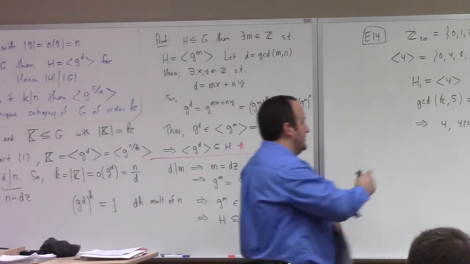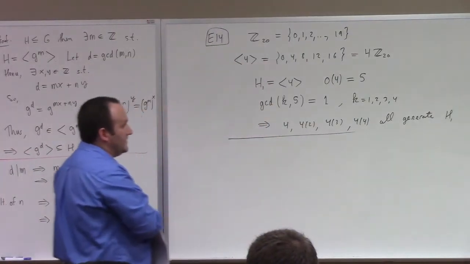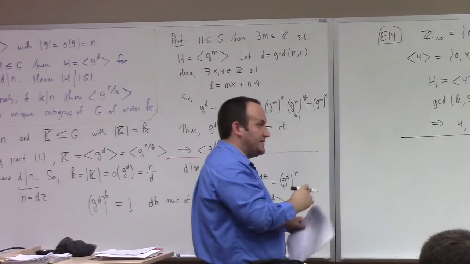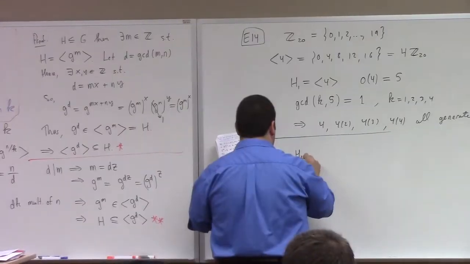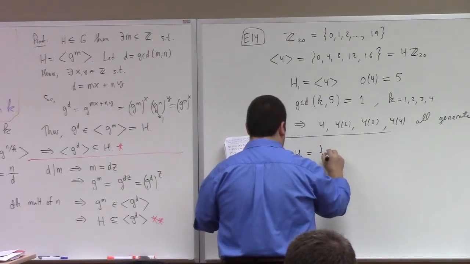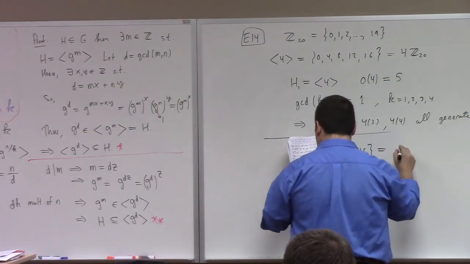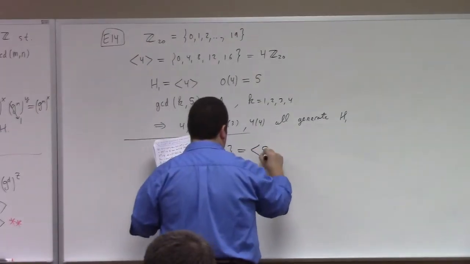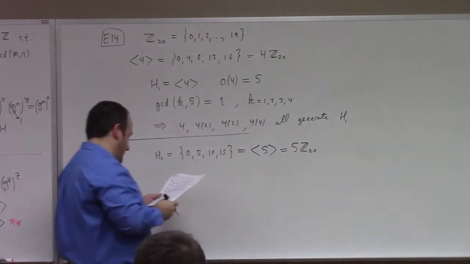Now this is not especially interesting because everything's a generator except for 0. So only the 0 multiple lets us down. What's more interesting is if we add to this example H2, which is going to be 0, 5, 10, and 15, aka the subgroup generated by 5, aka 5Z20, just to throw that notation out there for you.